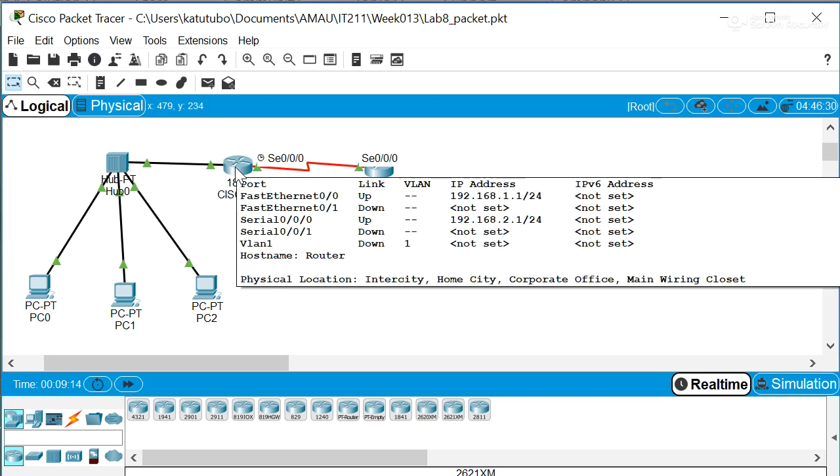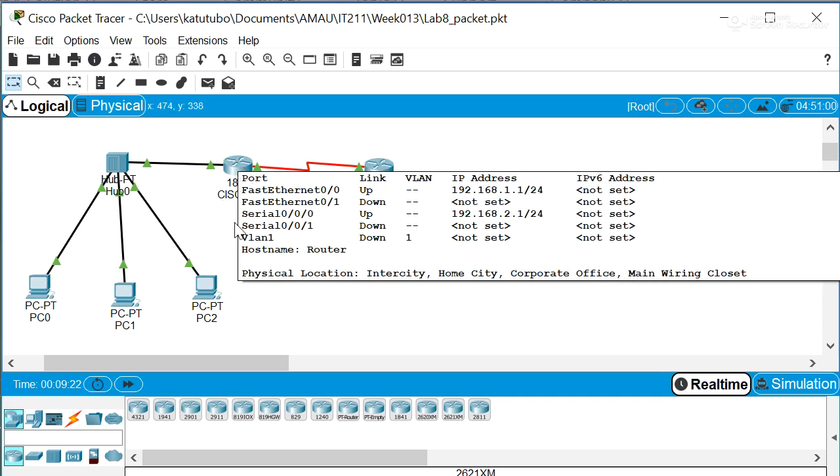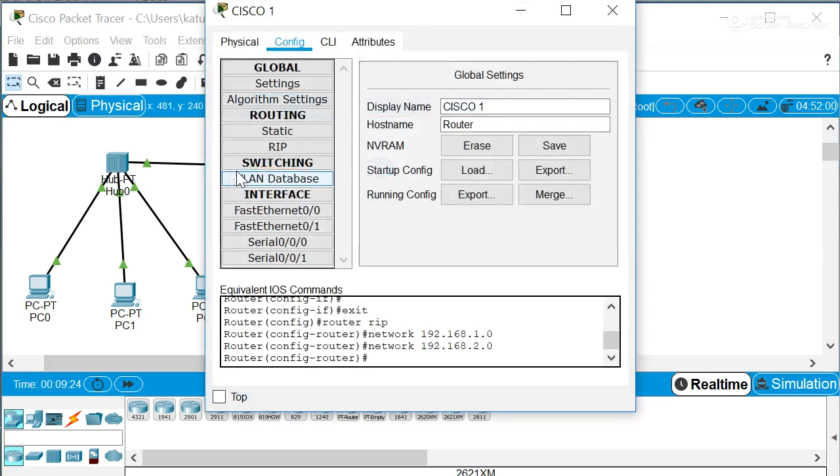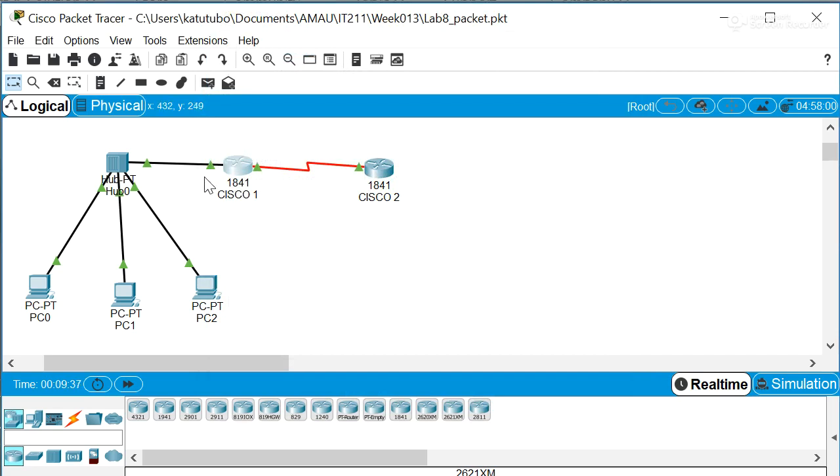That's why we configure the IP address of the Cisco router as a gateway on all end devices. And we also need to configure the RIP like this one, or else this PC0 cannot connect to the 192.168.2.0 network. So that's why it's important to configure the router.